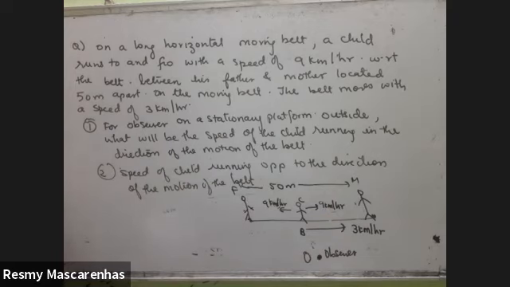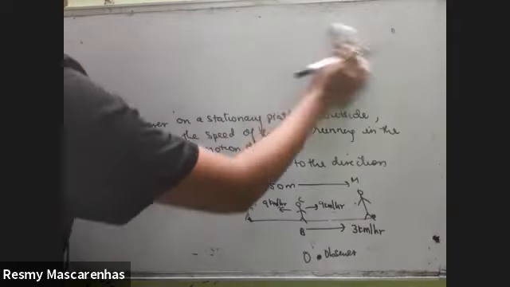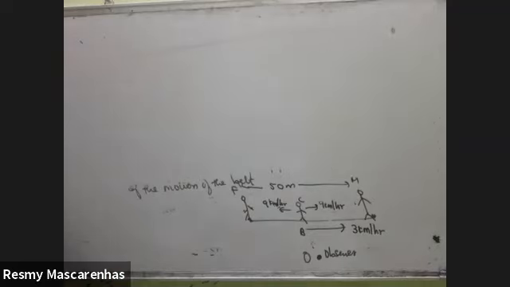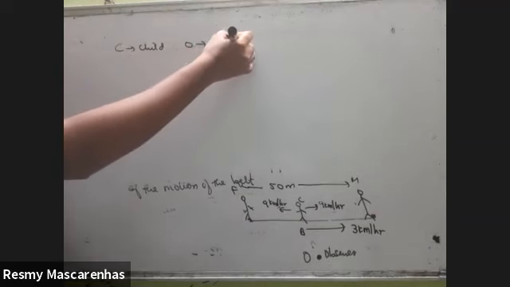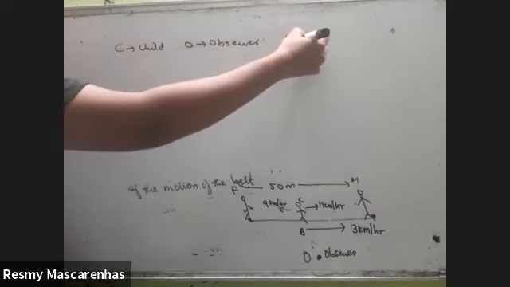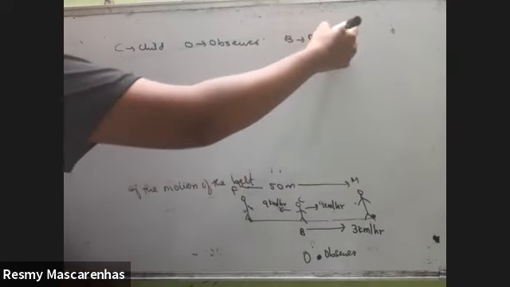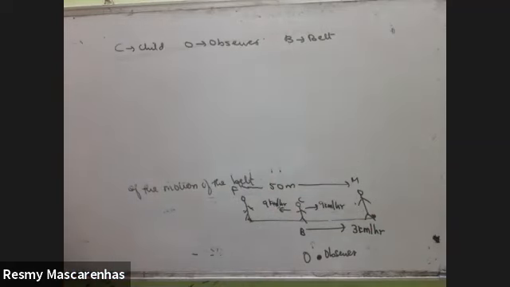So I'll use the letters: C is for child, O for observer, and B for belt. Your father and mother will not come into the picture. That is simply given to show the child is coming and going back in the word problem.